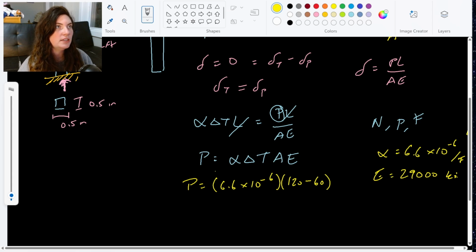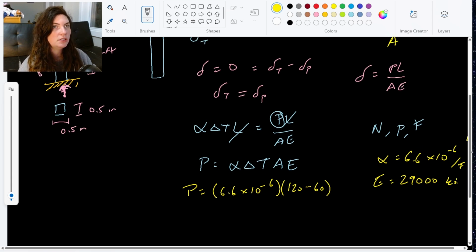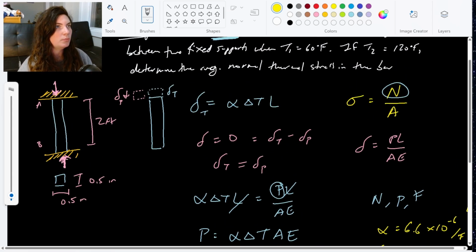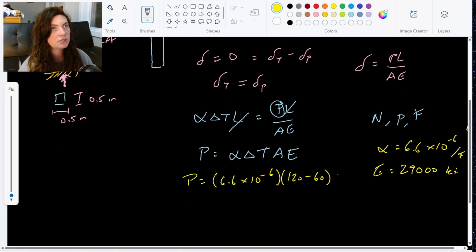Our area is our cross-sectional area, which they gave us right below the diagram. This cross-section is a square cross-section of 1/2 inch by 1/2 inch. So we'll multiply by 0.5 times 0.5. And then really I can just, if I move this, I can just say multiply by 29,000 KSI.